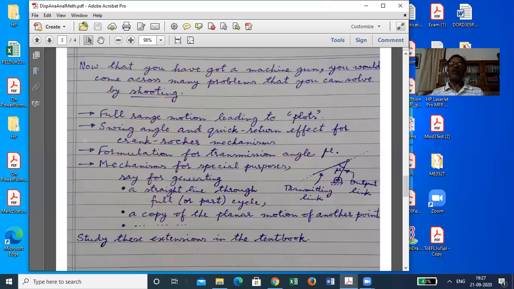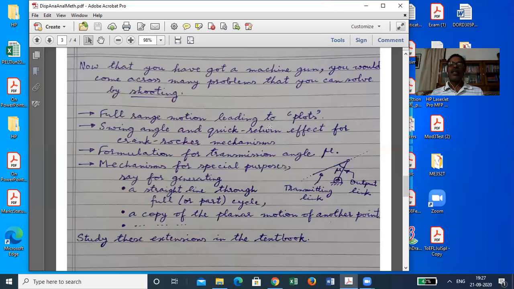So in such situations you use quick return mechanisms, and they typically have crank rockers with the appropriate value of the quick return ratio, that is the ratio of the forward crank angle and reverse crank angle, that is, the time required for the forward motion of the rocker divided by the time required for the reverse swing of the rocker.